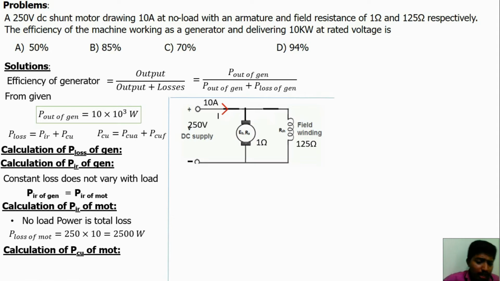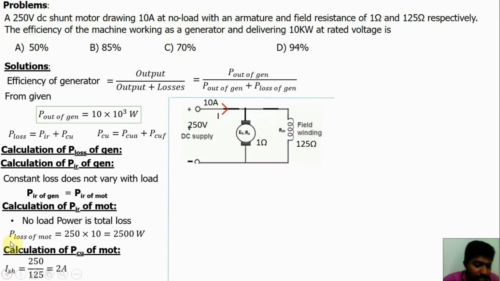For the calculation of copper loss, we have to find the copper winding loss. We need IA and we need ISH. First we can find the ISH value here. This is parallel. This current is the field winding current ISH.